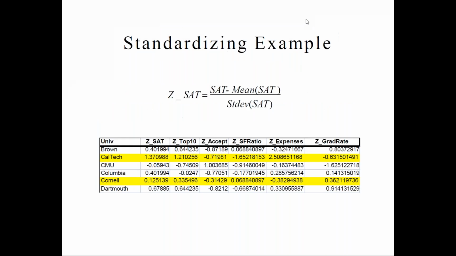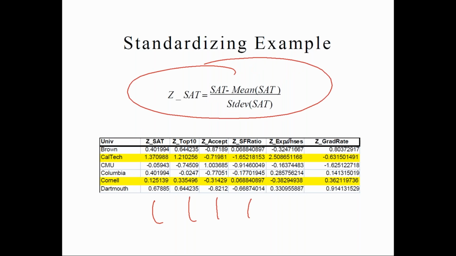I'm just taking the example of SAT score. SAT is x minus mu divided by sigma. After doing your standardization, your values are standardized.